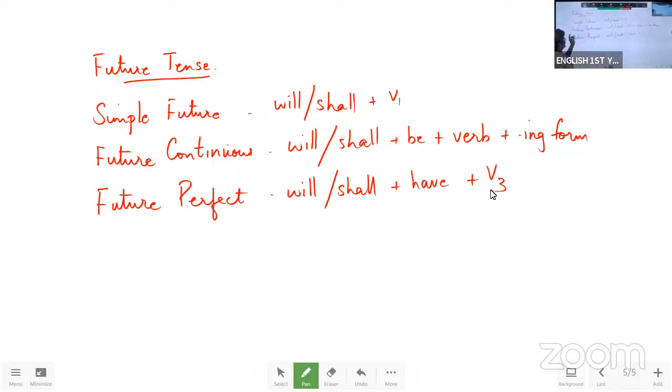Perfect, always V3. Continuous, always ing form.